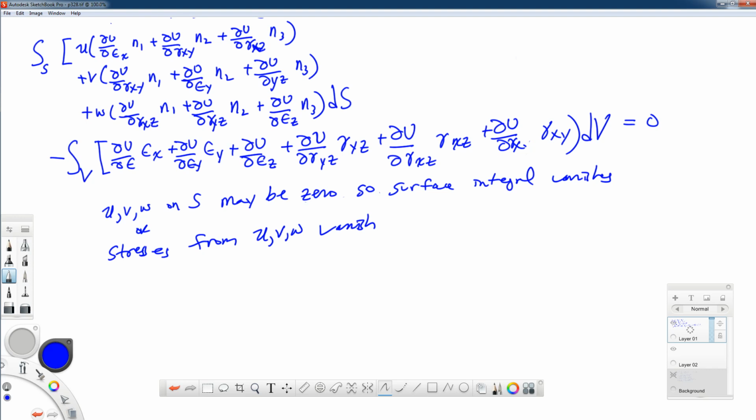So that would be the partial u with respect to epsilon x terms. All of these terms will go to 0, since u, v, and w is the difference between two states, two displacement states that give the same stress field, equilibrium equations. U, v, w prime and u, v, and w double prime give the same solutions.